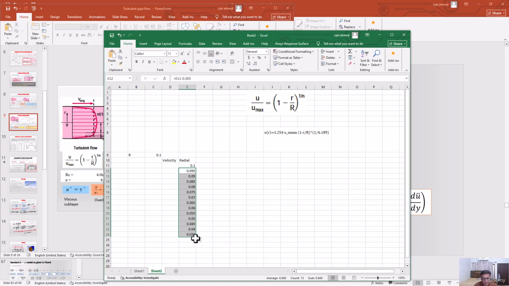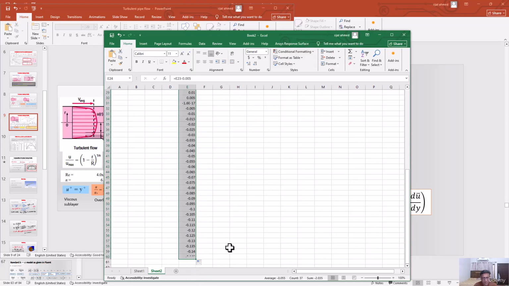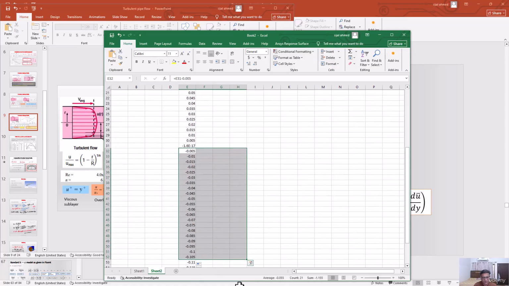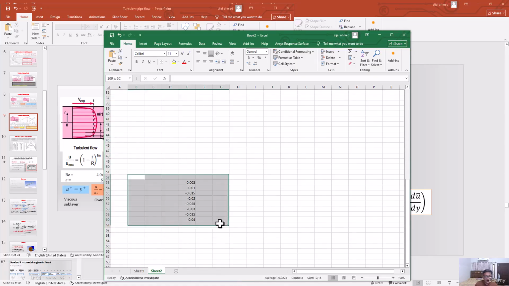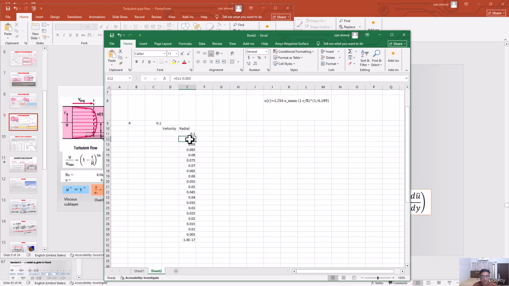I have to go up to 0, and the 0 is over here. You can have more accuracy by using a smaller difference, maybe 0.0025 or 0.001.